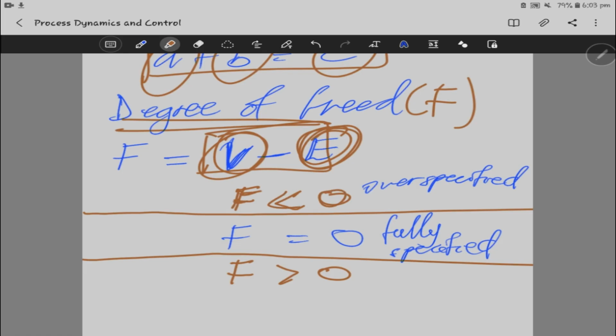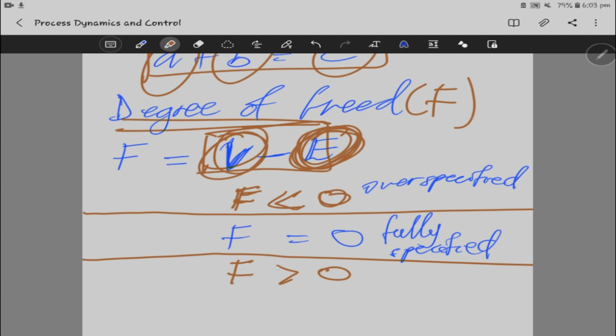That means you have a lot of constraints. You cannot get a solution because the equations are way more than the variables describing the system. So it's over constrained, or overspecified.